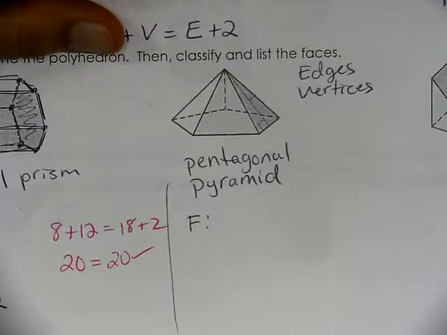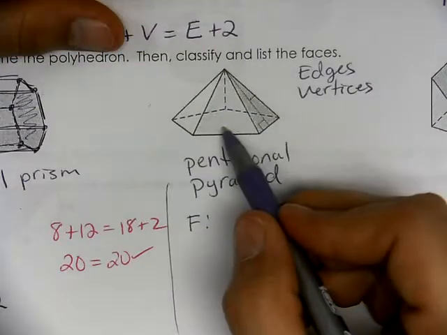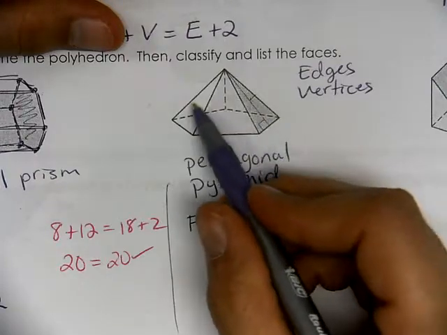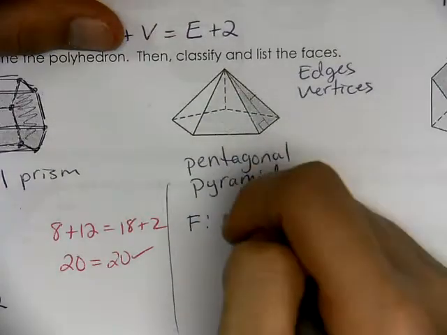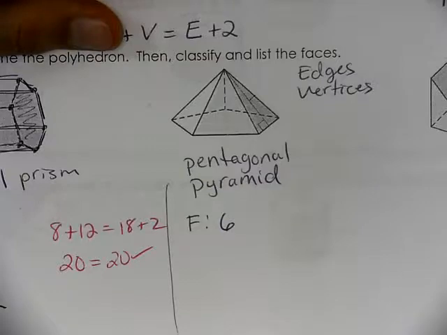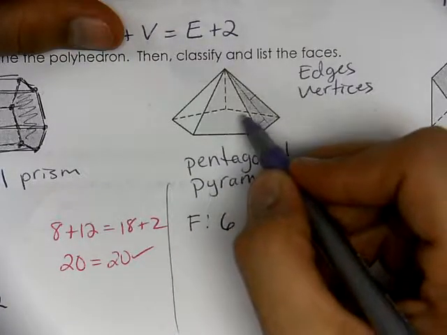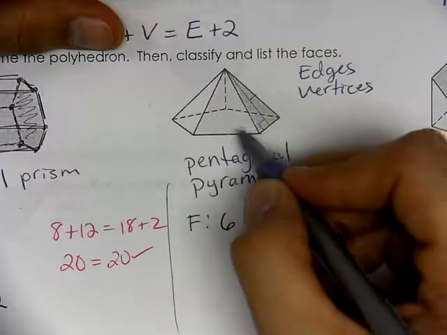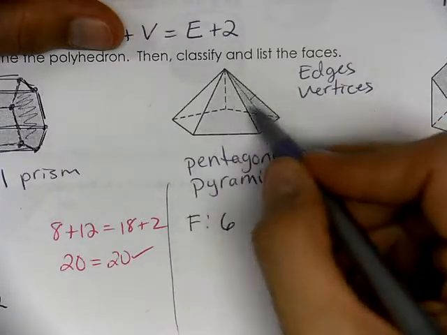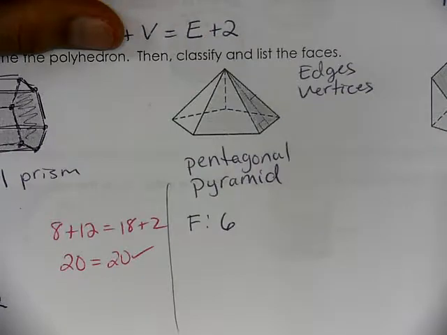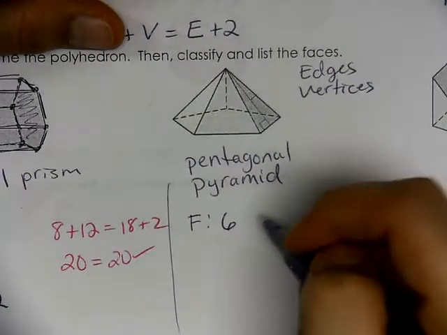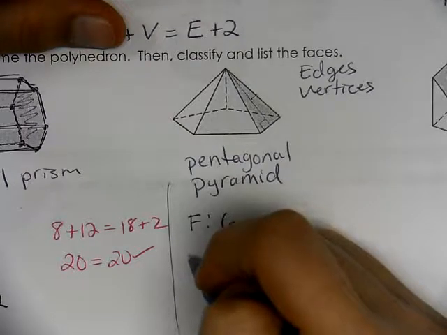Count the number of sides. 1, 2, 3, 4, 5, 6. I kind of got that wrong. Shoot. Oh, I did that wrong. 6.